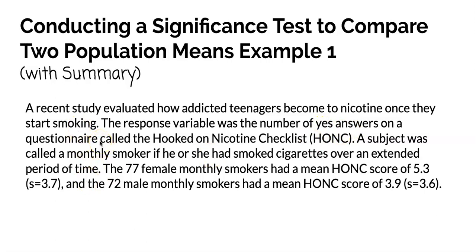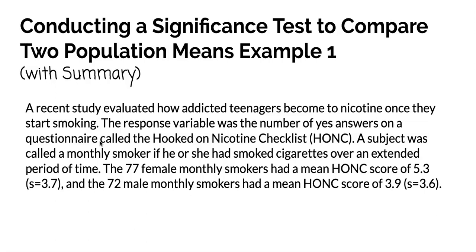Unless this questionnaire is infinitely long, let's suppose there are 10 questions, and someone answers all 10 yes, or none of them, then it would be 0. So it ranges, but it's not a proportion. It's really the average number of yes answers on this questionnaire. So, definitely a quantitative variable.